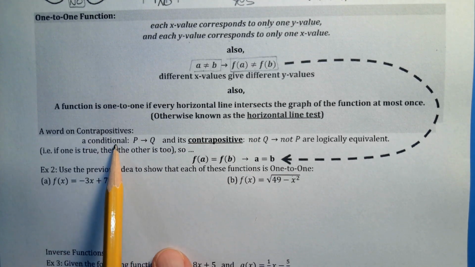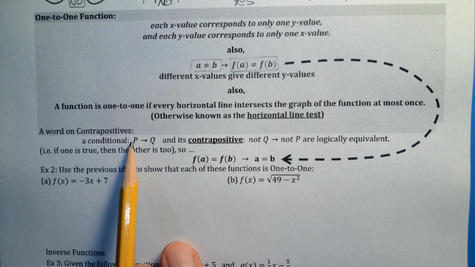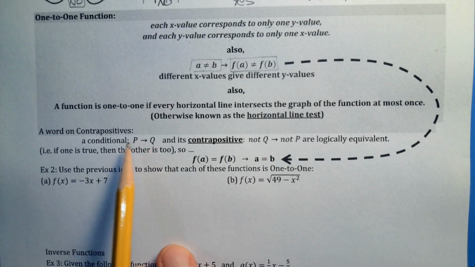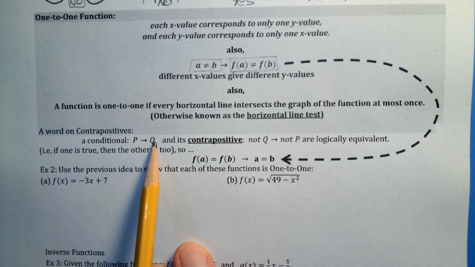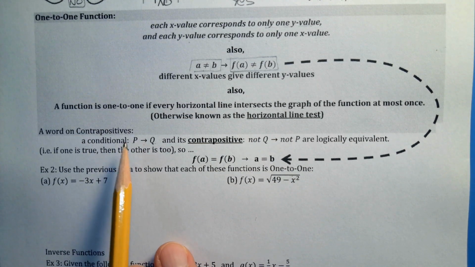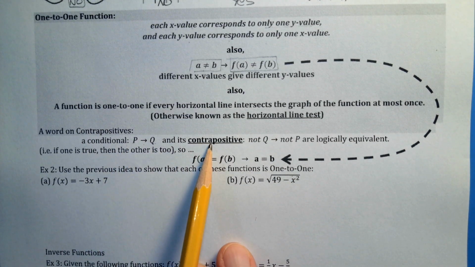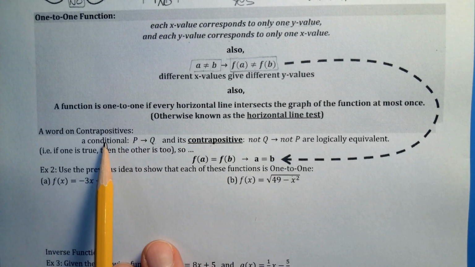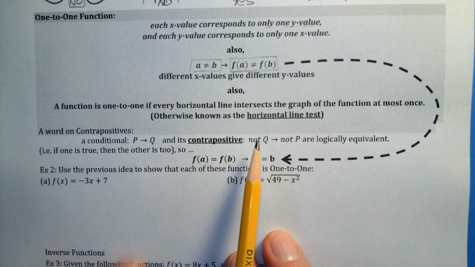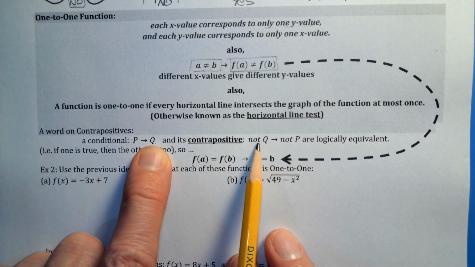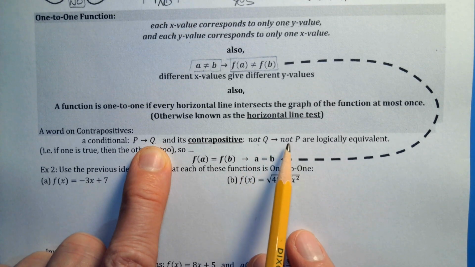So we have a conditional. You remember this from geometry. P gives you Q. So if P, then Q. That's a conditional. The corresponding contrapositive that goes along with this conditional is the negation or opposite of Q will give us the opposite of P.